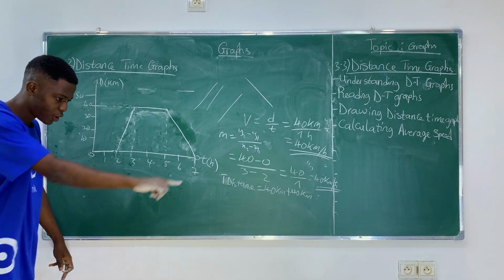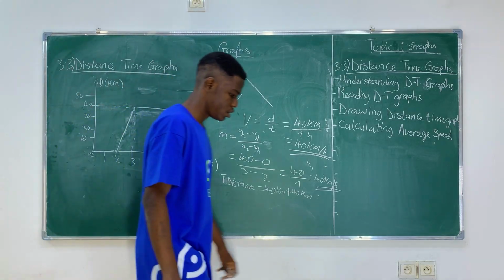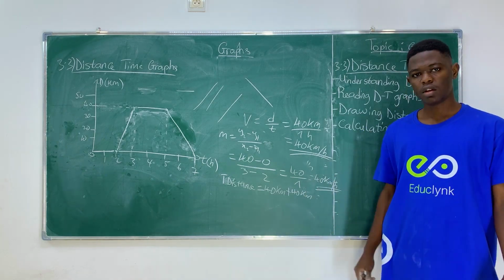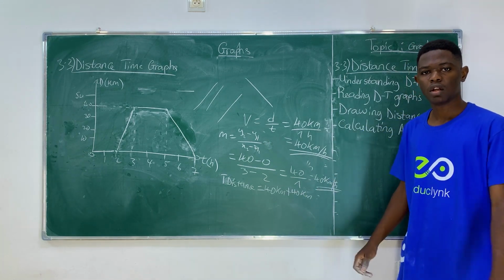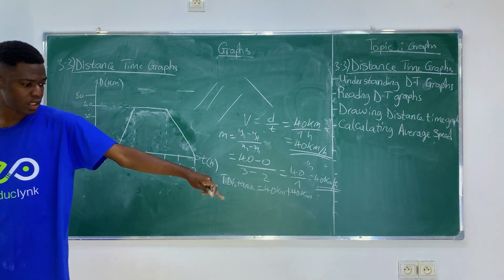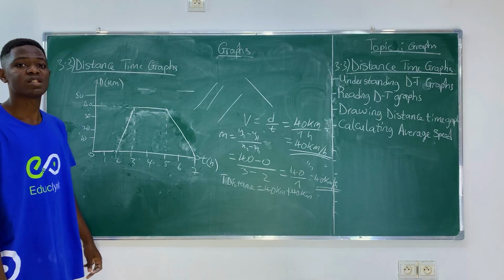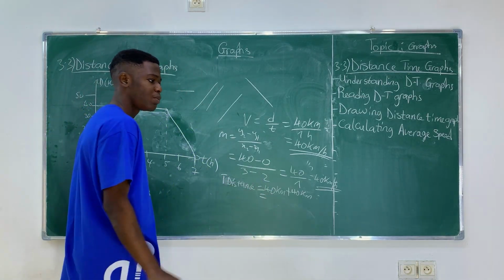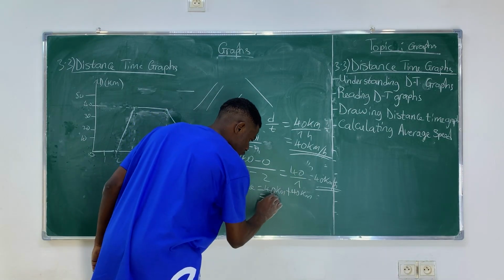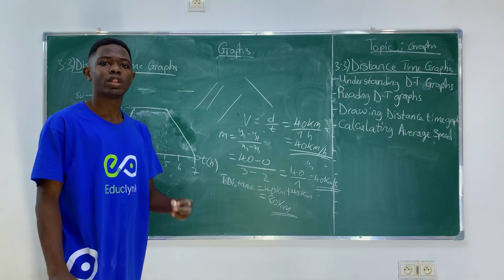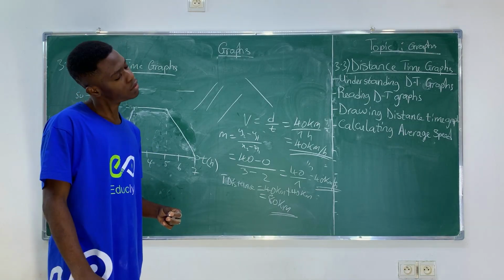If you move from here to 40 kilometers, your distance is 40, right? If you go back, you have moved the same 40 again, from 40 to 0. What distance did you move? 40. It means the total distance that the person travels is 40 plus 40, which is 80 kilometers. That is the total distance traveled by the car.